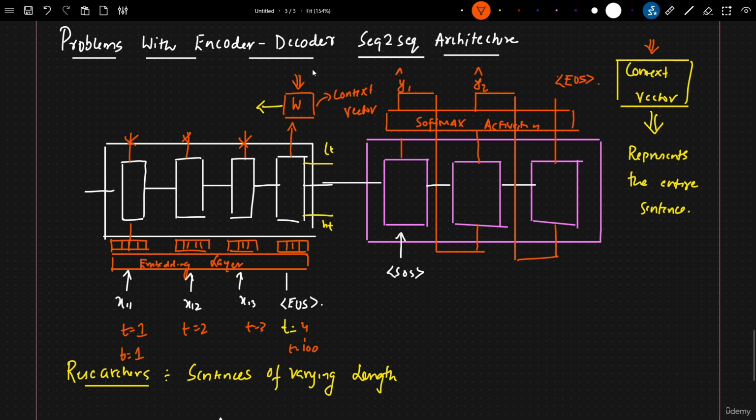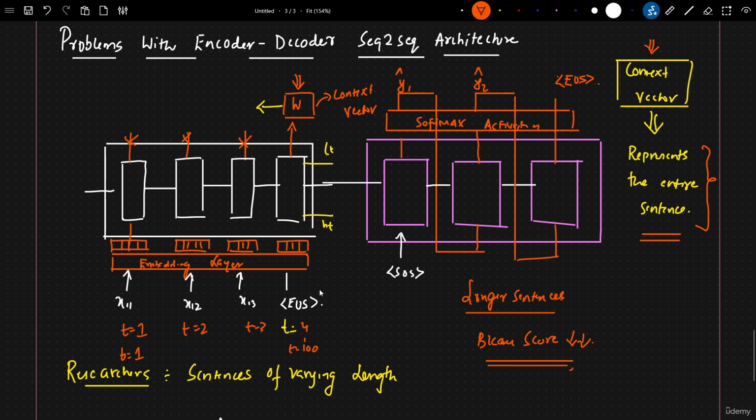So the context vector that is used to represent the entire sentence will not be sufficient, right? And that is the reason why for longer sentences, the BLEU score was very, very low. And this was the problem with the encoder decoder sequence to sequence architecture.